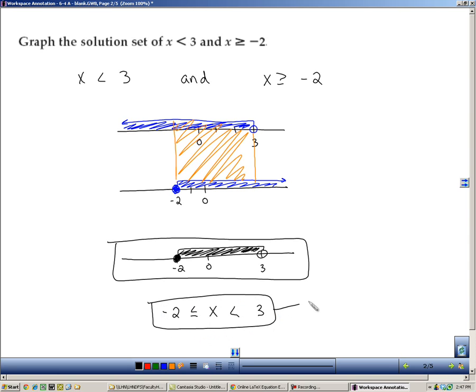I've taken the solution right there, and I've rewritten it without using the word and, by putting the letter in between the two numbers, the smallest one on the left, the biggest one on the right, and then the symbols that make it correct in between there. And inequalities are the only ones that you can do that with. You can rewrite it without using the word and then you can also pull them apart. That's a special property of the and inequalities.